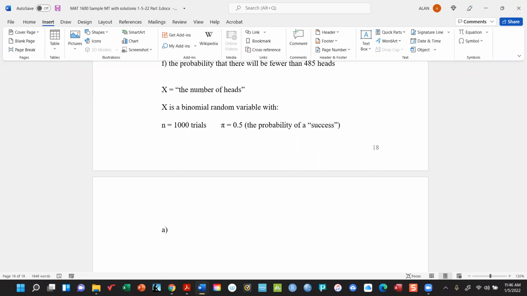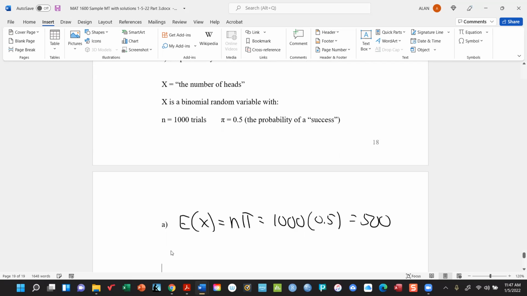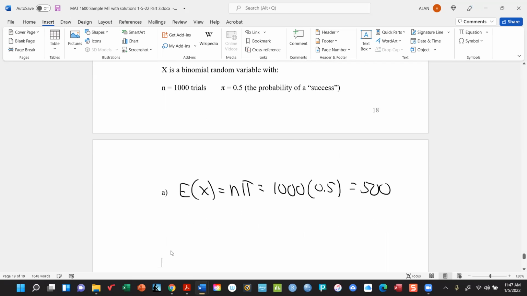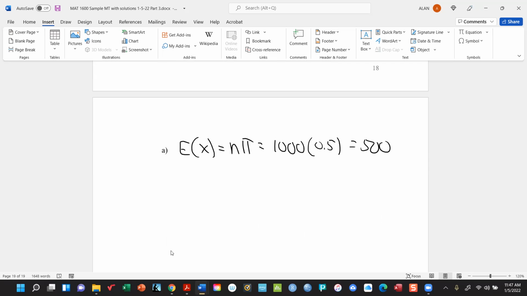So for A, the expected value, of course, is n times pi, 1,000 times a half, or 500. All right. Then what about B, the variance? So you might recall from earlier, the formula for the variance of a binomial random variable is n times pi times 1 minus pi.